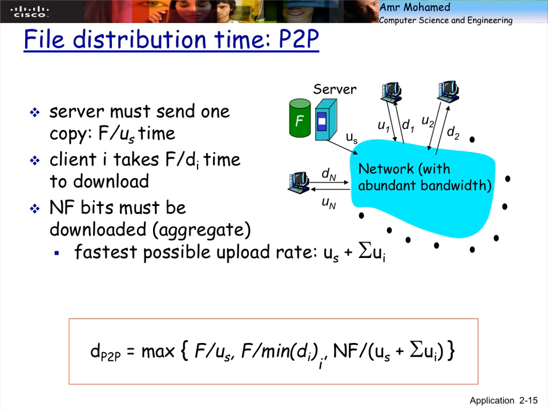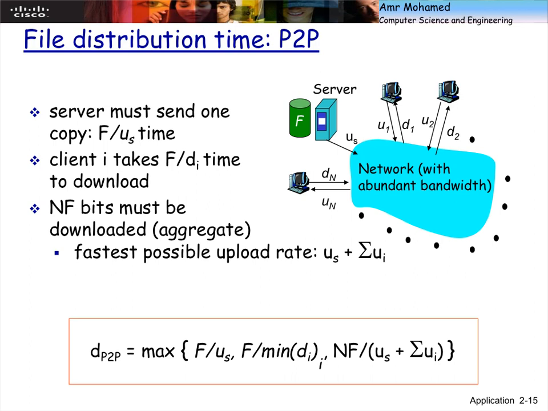And in one iteration, we have the same file content on four peers. Those four peers become information providers who can, in another iteration, send it to another four peers. Okay? So in other words, the server does not have to send the same content of the file n times.